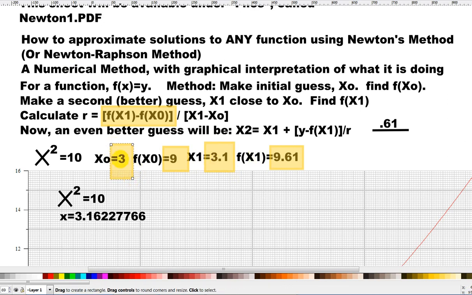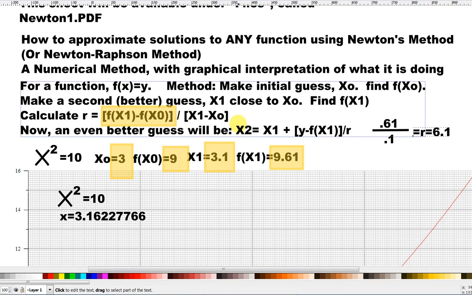So 3.1 minus 3 is 0.1. So 0.1. And that's equal to this number r that we're calculating. And so what we're finding is that r equals 6.1. Good enough. Here's our last step in Newton's method for one iteration.